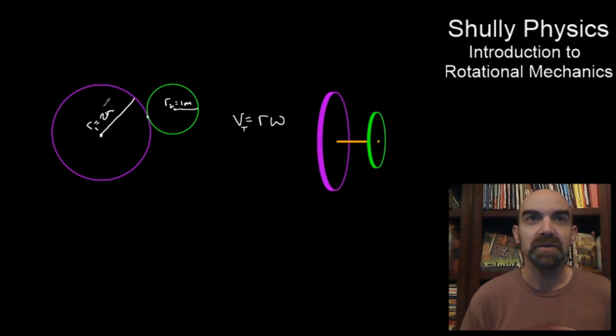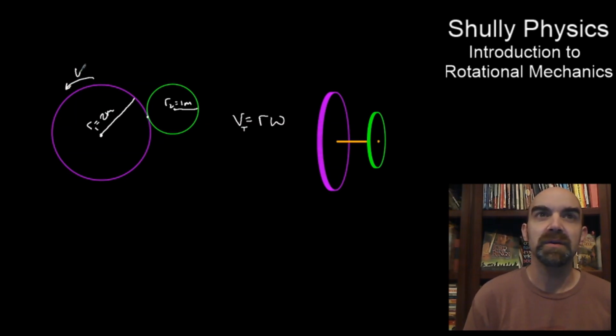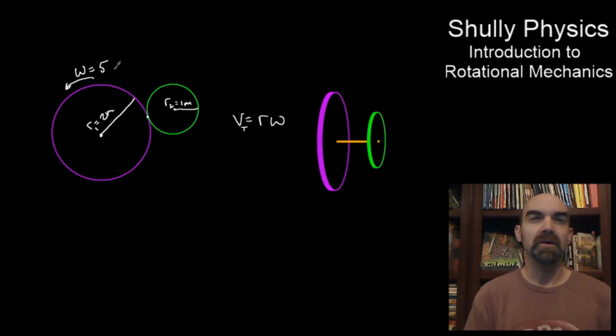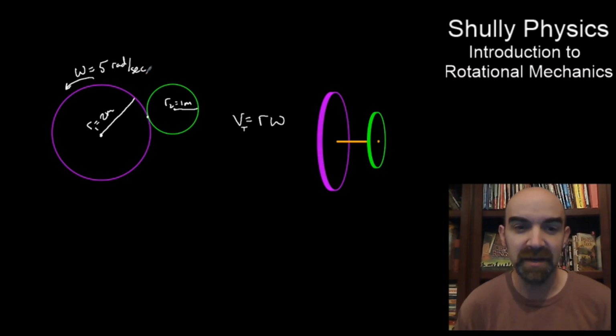Okay, so if we have this kind of scenario, let's give this purple wheel, wheel number 1, an omega of, now I'm going to start introducing angular velocity here, 5 radians per second. We're not working in degrees or anything like that. It's only radians because radian is a real number.